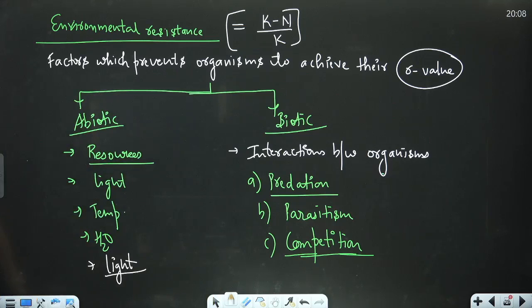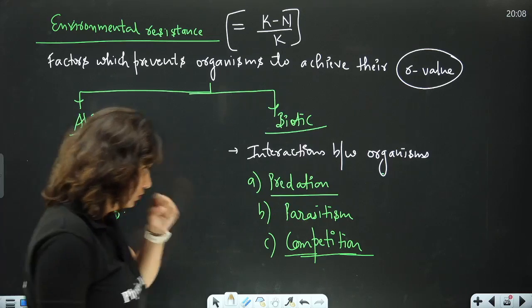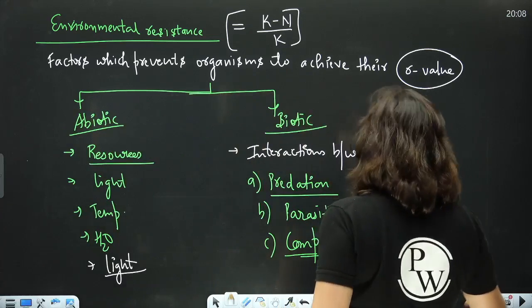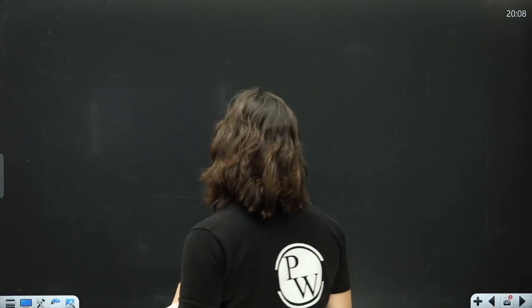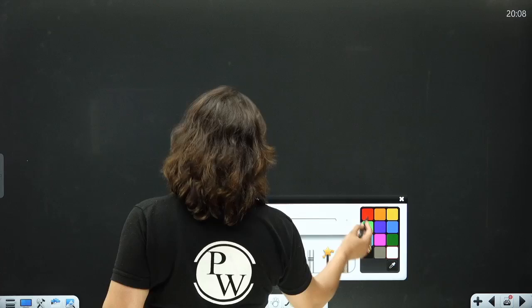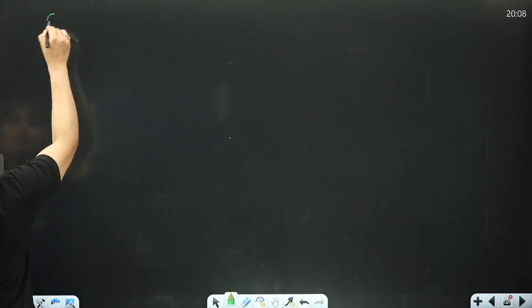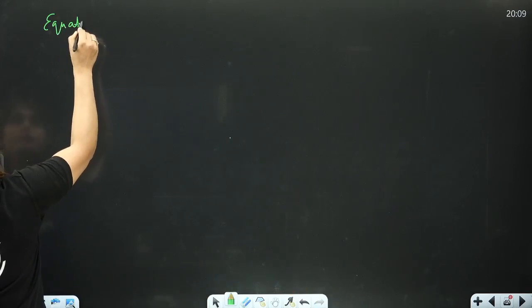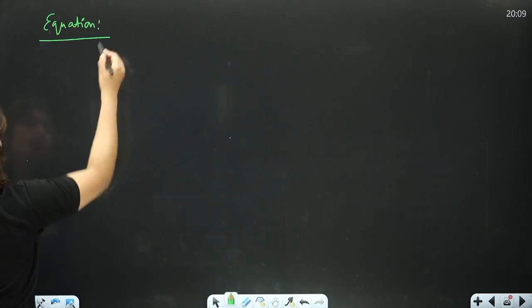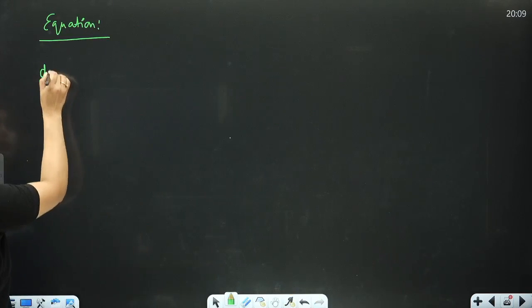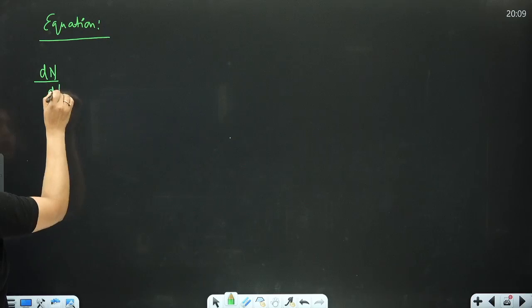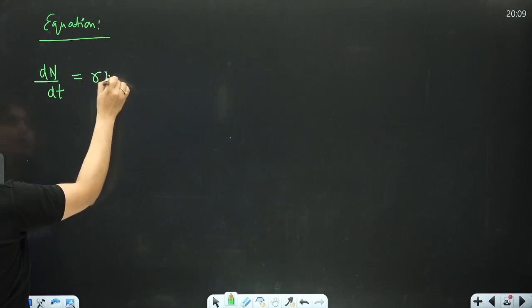So these are the factors which are responsible so that the organism cannot achieve its R value. Now let's see what is the equation that represents the logistic growth. So here dN by dt, what was the equation before? dN by dt is equal to RN.